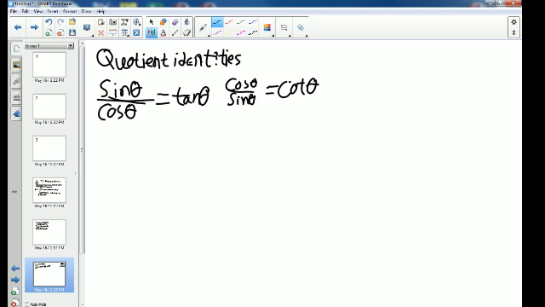And then last but not least, we'll do Pythagorean identities. A Pythagorean identity is a lot trickier than all these other ones, believe it or not. Just like the Pythagorean theorem, how it's a squared plus b squared equals c squared, this works kind of the same way.